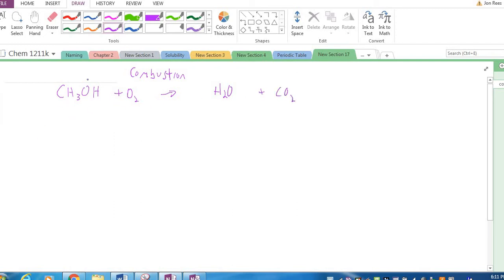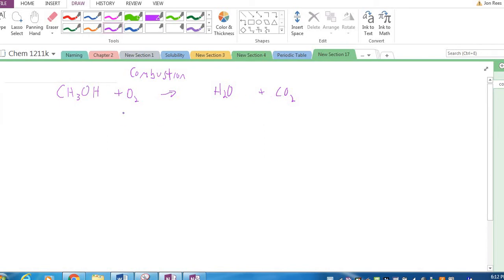The combustion of any hydrocarbon, meaning it has hydrogen and carbon, and in this case we do have an oxygen in here, those products are always going to be H2O plus CO2. Any hydrocarbon, it's the same products, and now it just becomes a balancing problem.